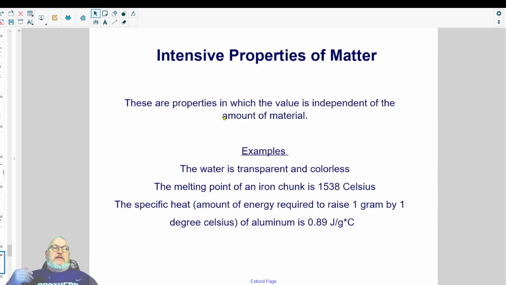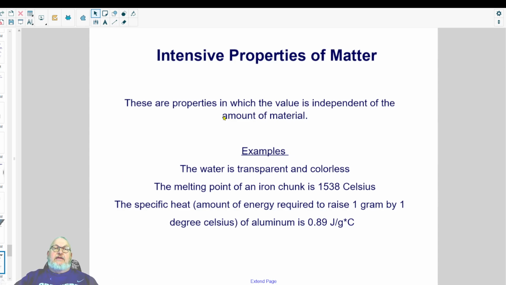I'm going to need the specific heat of aluminum, which is the amount of energy required to raise 1 gram of aluminum by 1 degree C. For 1 gram, I'm going to need 0.89 joules per gram per degree C. All right. That's not going to change.